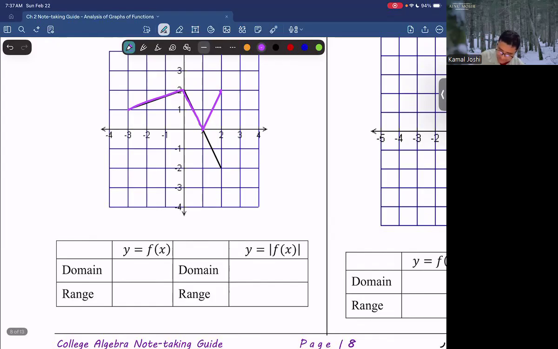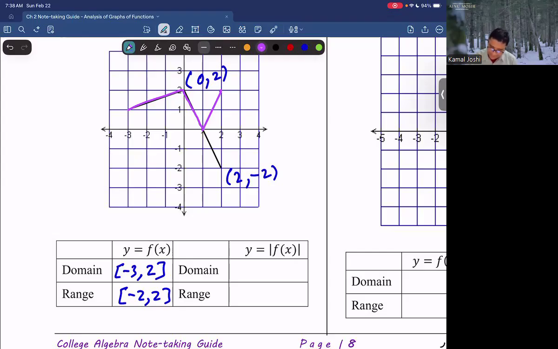Now in the original graph, the domain and range, you go from -3 to 2, and range, if you look at the values, this is -2, and the highest point here is 0, 2. Okay. So the lowest is -2, highest is 2.